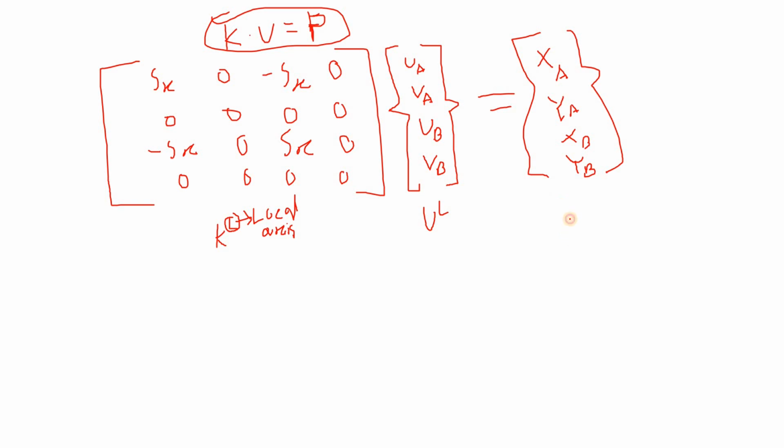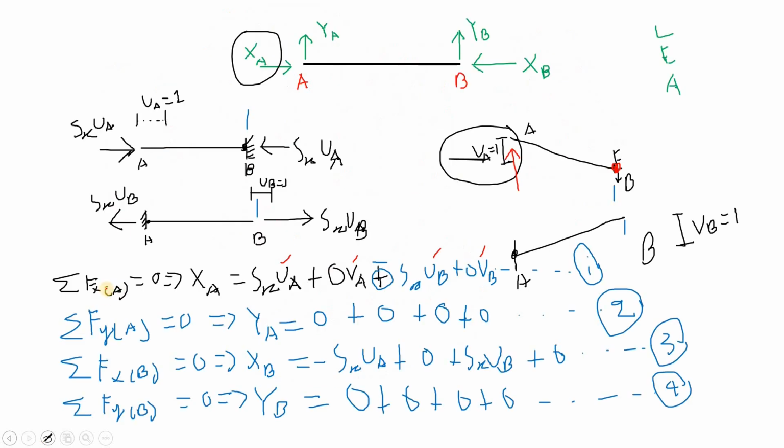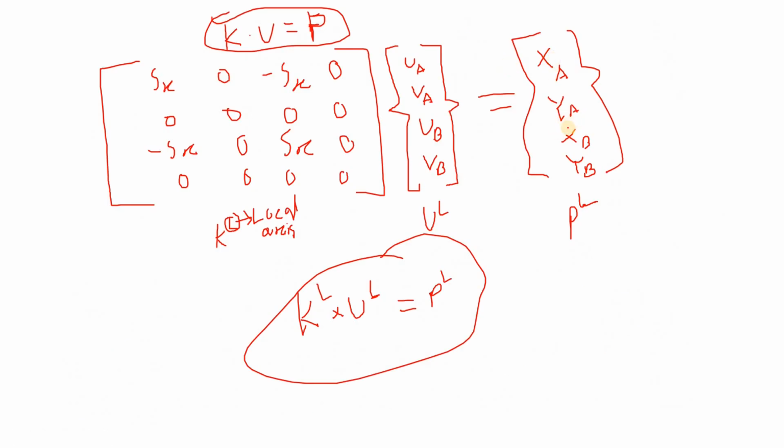We can call this PL again, and the L stands for local axis. So here we had our formula KL into UL equals PL. So this is the stiffness matrix for 2D truss members in local axis.